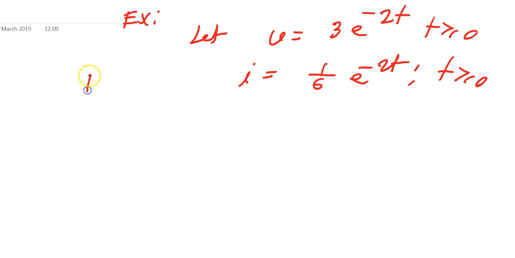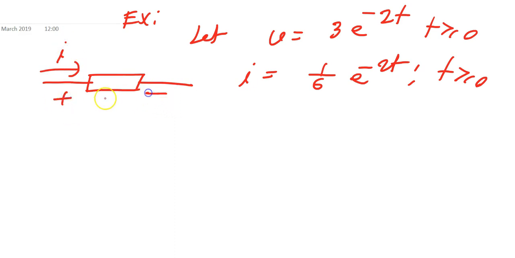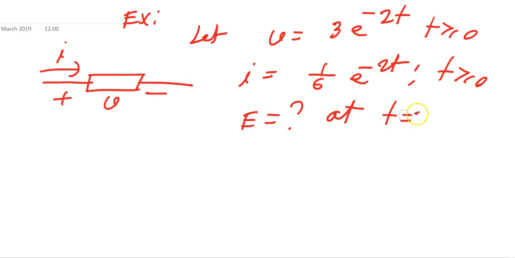I mean to say, this is any element, current flowing through this, and this is your voltage V. So the question is, what is the energy dissipated at t equal to 250 millisecond? So you need to find the energy at t equal to 250 millisecond.